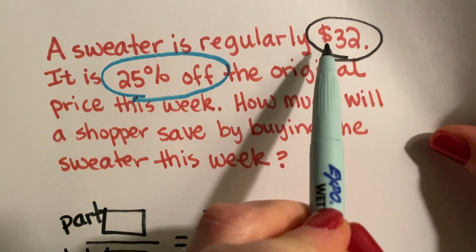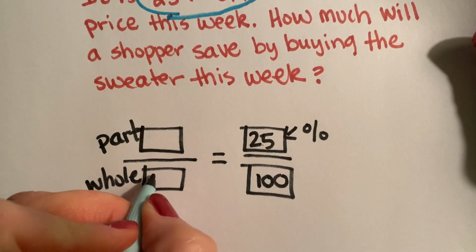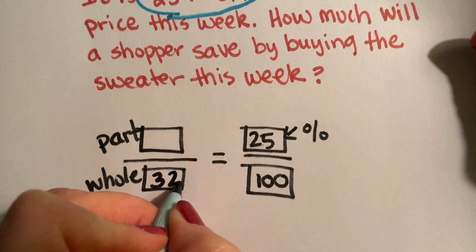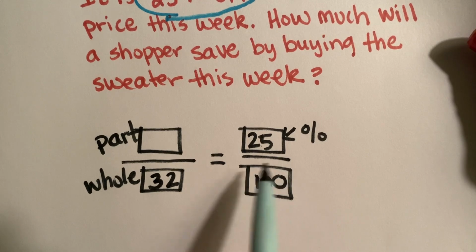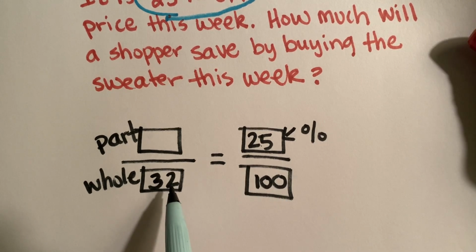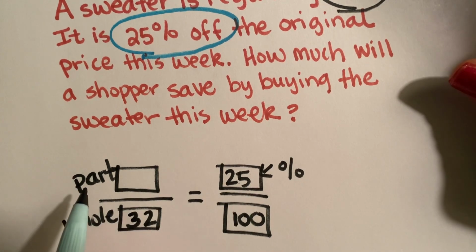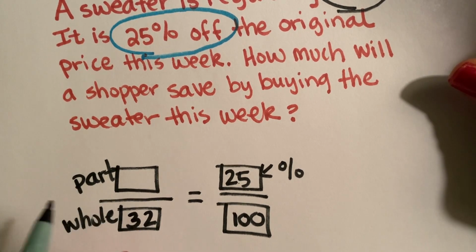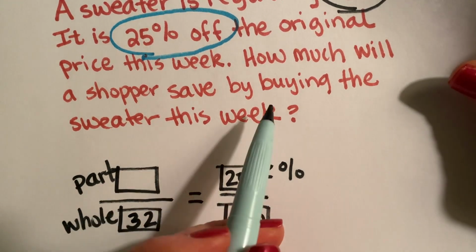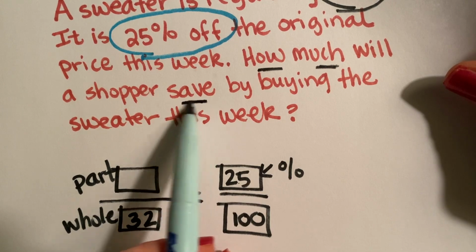That's the normal whole price. So that's going to go down. And the way I like to think of it is 100% of that sweater, all of the sweater is $32. But with 25% off, we're going to get a part of this $32 taken off. That's what we want to find. How much will the shopper save?